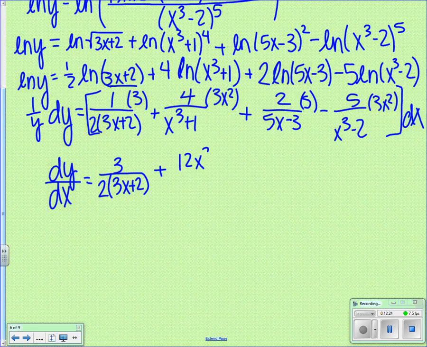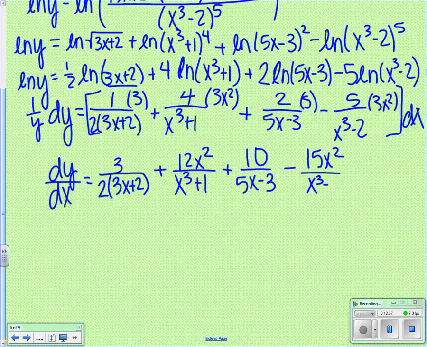You can leave it undistributed if you would like. And so all of that's getting multiplied by y.